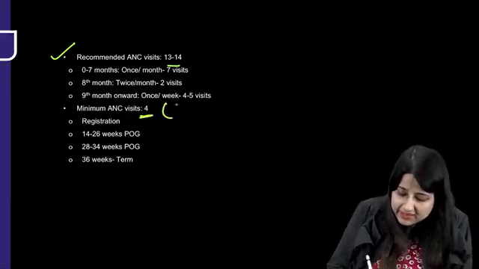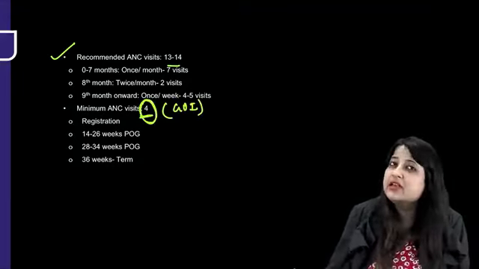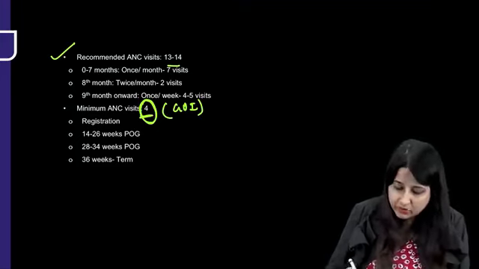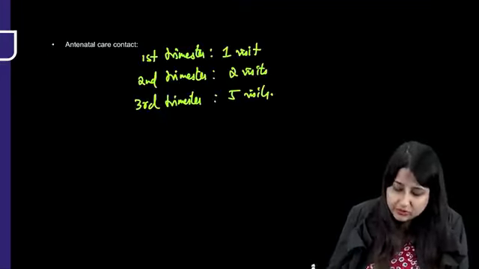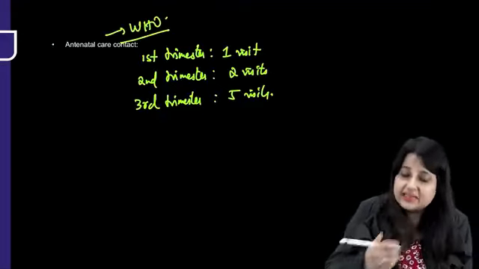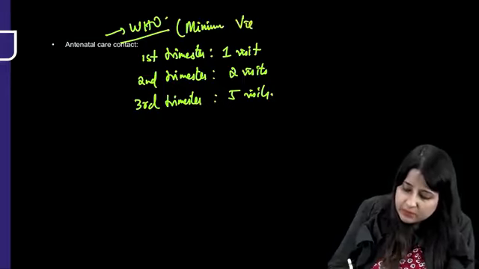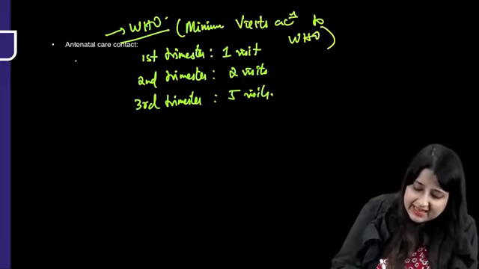Now, this minimum ANC visits according to Government of India is 4. But if somebody asks you according to WHO, remember, it is now antenatal care contact. Or if anybody asks you minimum visits according to WHO, as of now, it is 8, guys.